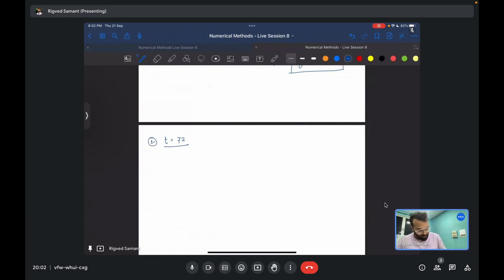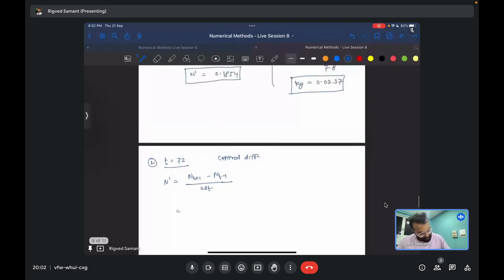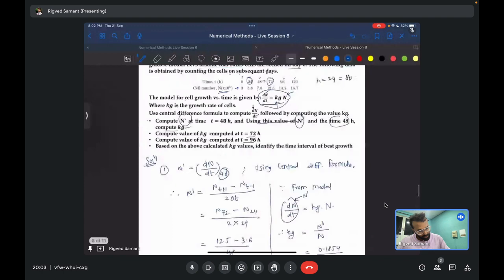You have to calculate n dash using the central difference: n of t plus 1 minus n of t minus 1 divided by 2 delta t. T plus 1 means 72 plus 1, which is 96, and t minus 1 is 48.